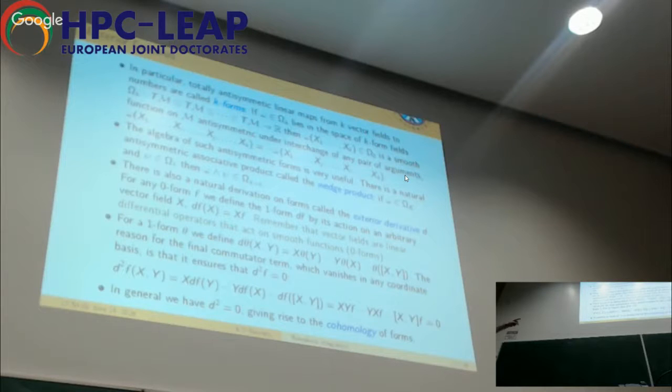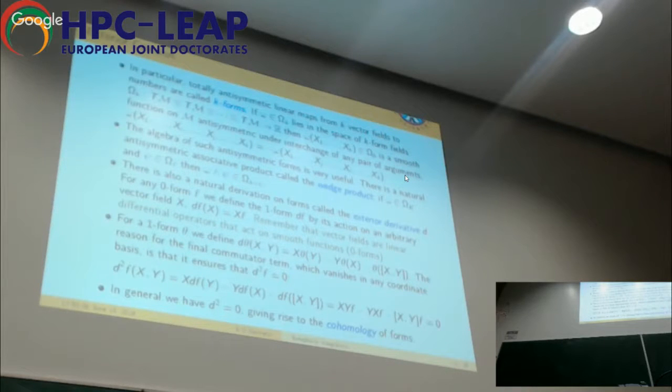This gives me x on df of y minus y on df of x minus df of the commutator of x and y. And then I replace df using the definition of the exterior derivative of a zero form from the previous bullet point.